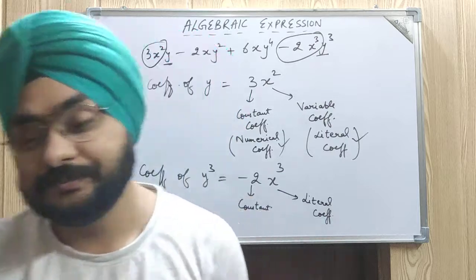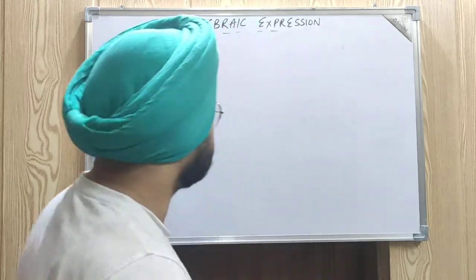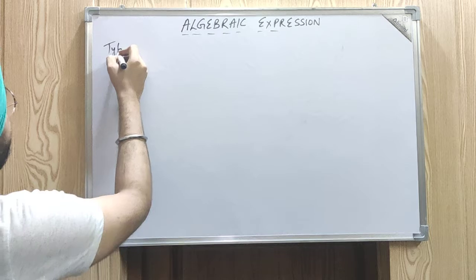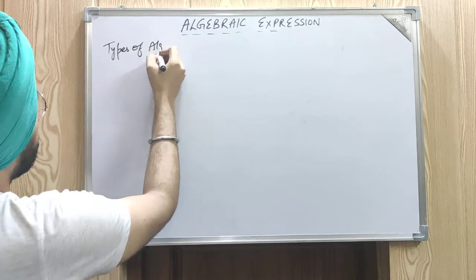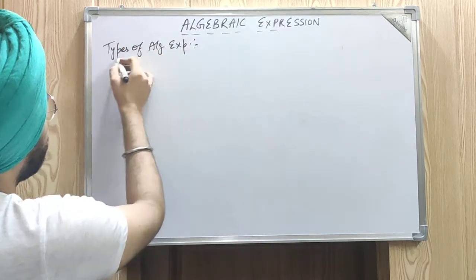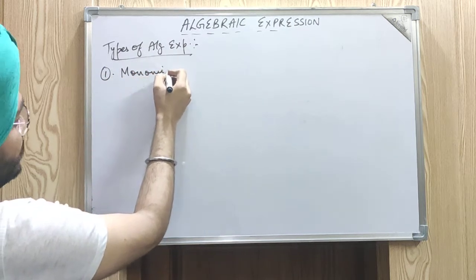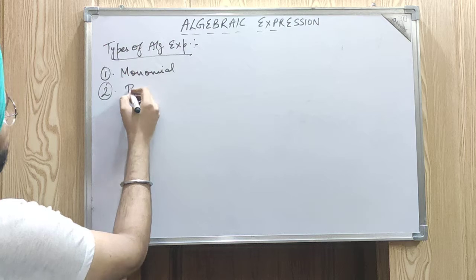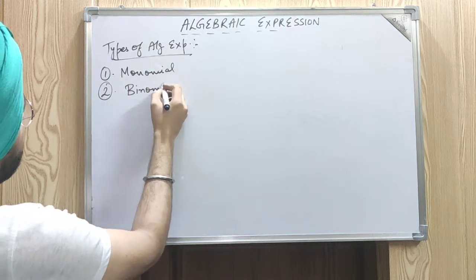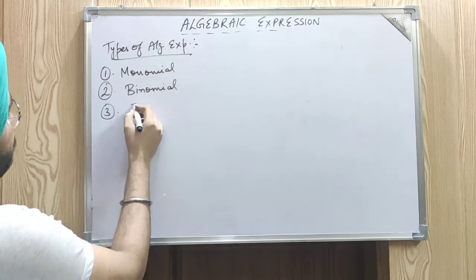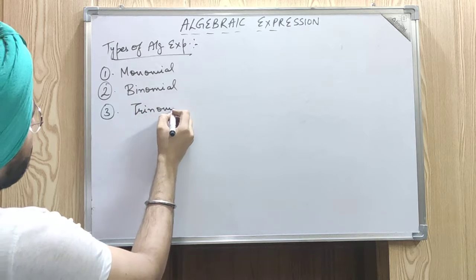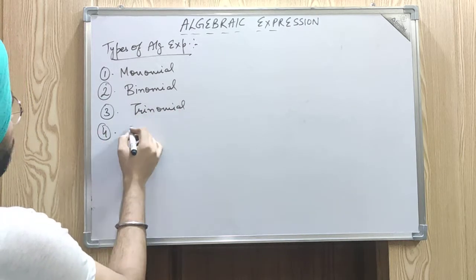Coming to the next. Now we are discussing the types of algebraic expressions. What are the types of this algebraic expression? So we are having the first type as monomial. This I have studied in the previous standards as well. The next we are having binomial. Third is trinomial, and fourth is quadrinomial.